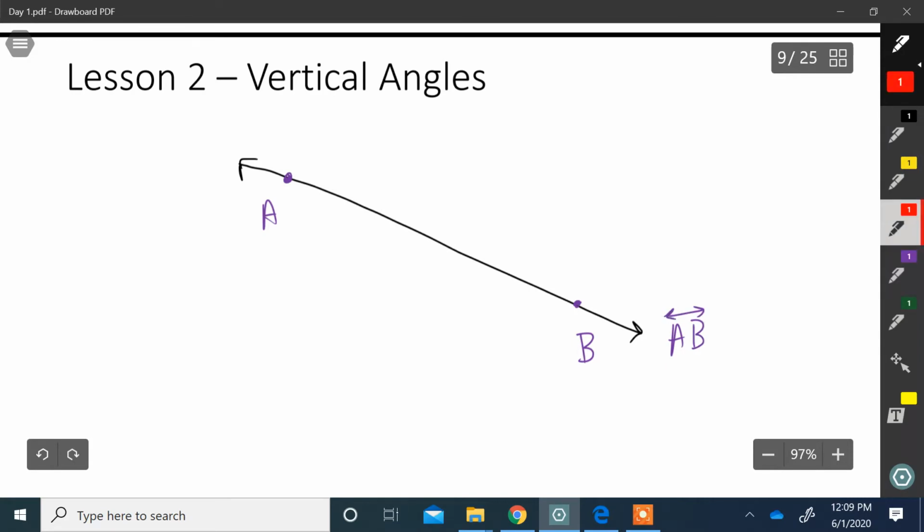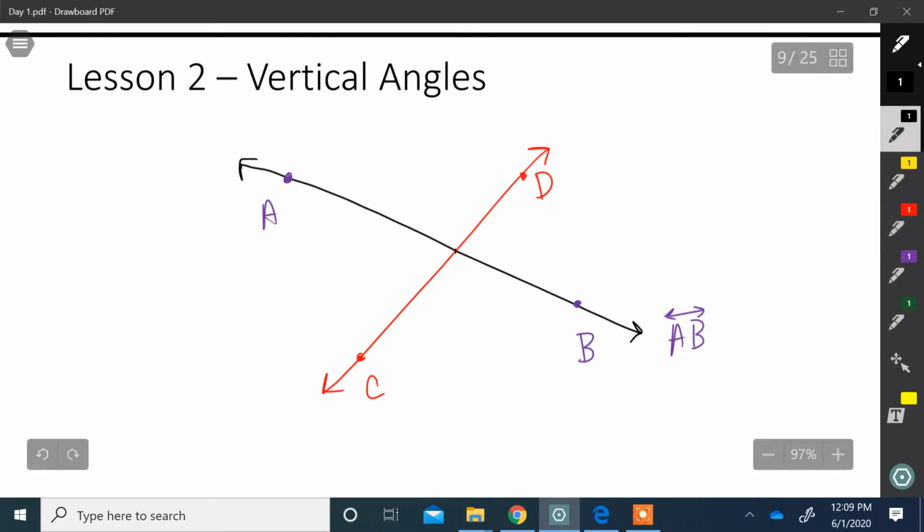And then I'm going to have another line that is going to intersect AB. So let's call that one CD. All right, when those two lines cross, there is an intersection. Okay, I'm going to call that intersection I. Okay, when this happens, we have just formed what we call vertical angles.